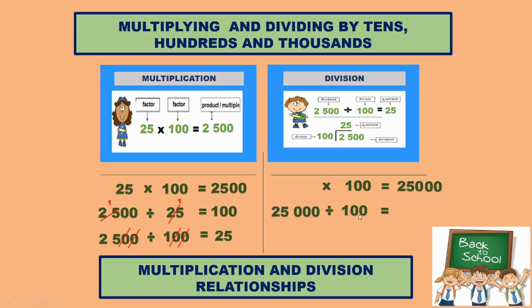So that means you can cancel only two zeros here. The cancellation should be equal to the divisor. 1, 2. So the remaining numbers are 250 and 1. So now you can divide. 250 divided by 1 is equal to 250.